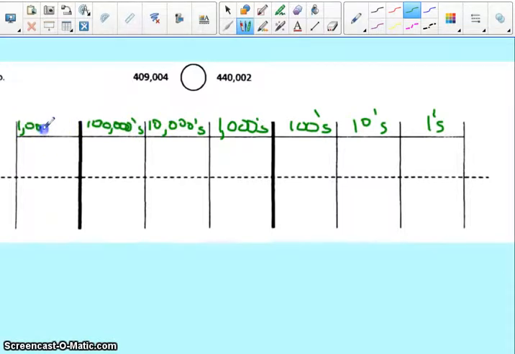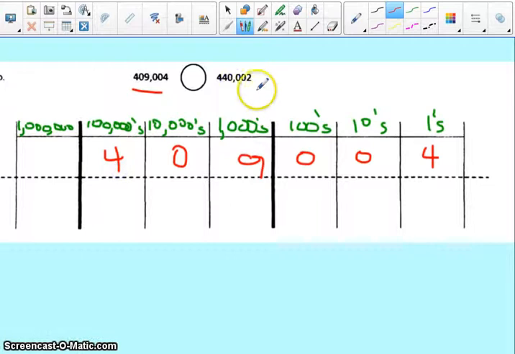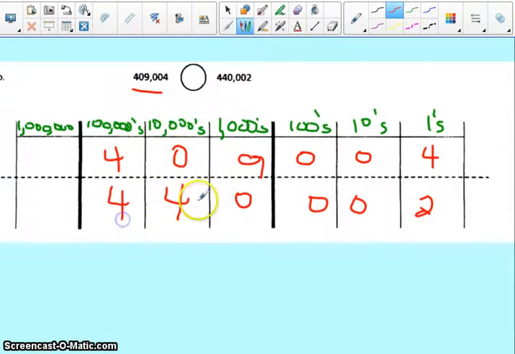Okay, we need 6 zeros for that. All right. So again, we'll put each of these in the place value chart. I have 4 ones, 0 tens, 0 hundreds, 9,000, 0 10,000s, and 4 100,000s. And this number, I have 2 ones, 0 tens, 0 hundreds, 0 thousands, 4 10,000s, and 4 100,000s.